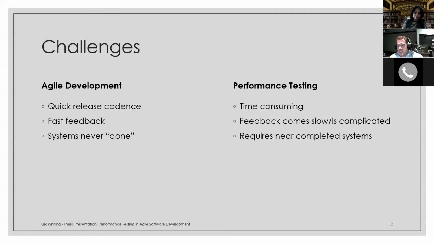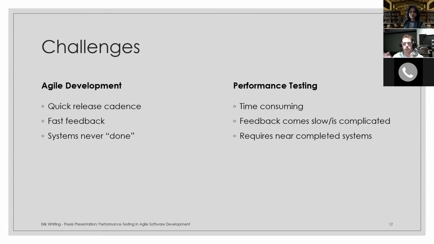And performance testing is especially challenging when you're doing Agile development, because Agile requires you to have quick release cycles. When we build features, we want to get them out to our users quickly to get feedback from them. And performance testing, because it's time consuming, isn't really conducive to that. Another thing is, with Agile development, our systems are never really done because we're only building a few features at a time.